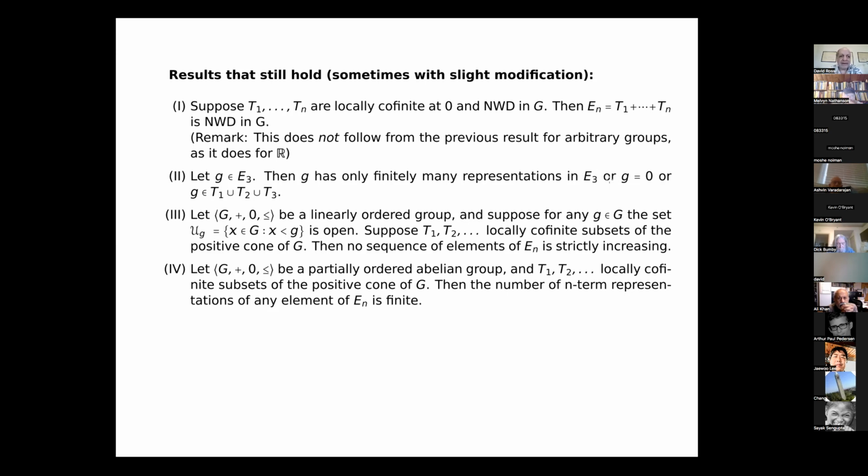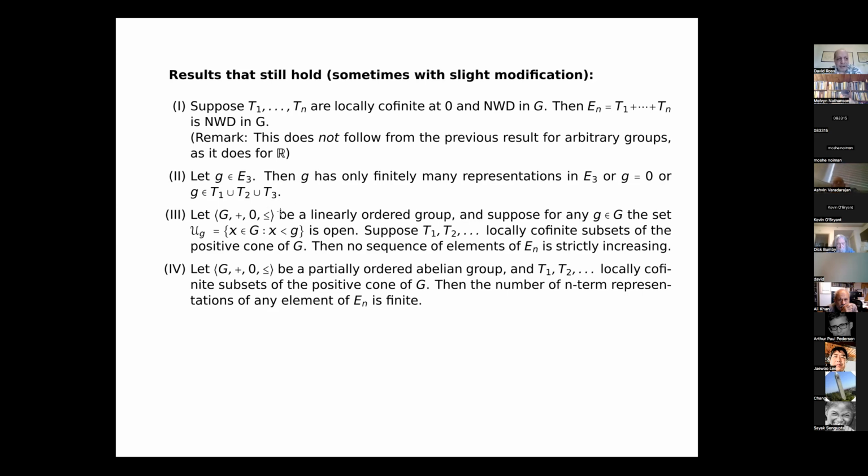We're just talking about any locally cofinite sets T1 through T3 in our group. Then G has only finitely many representations in E3, or it equals 0, or it's in either T1, T2, or T3. So that's the natural generalization of the Sierpinski result.